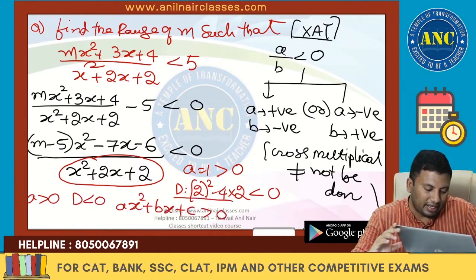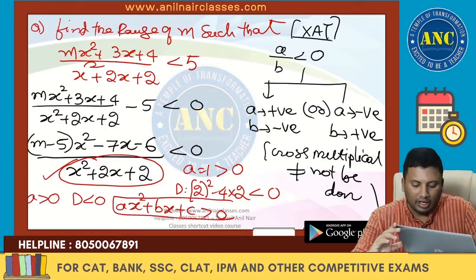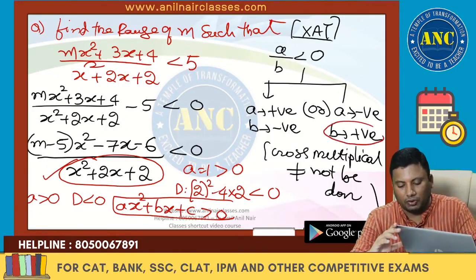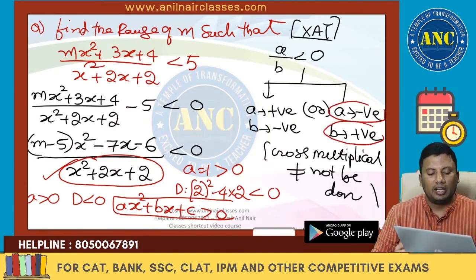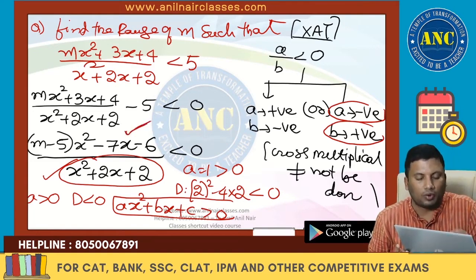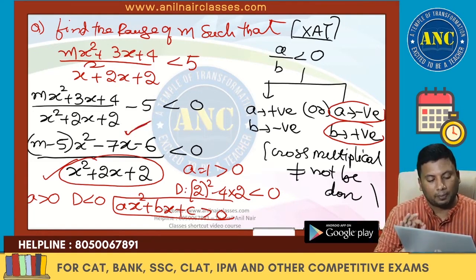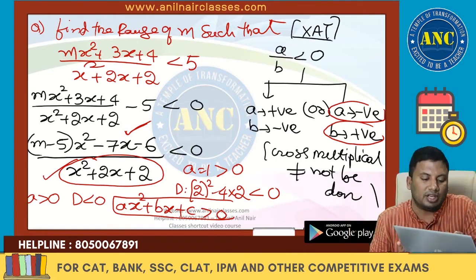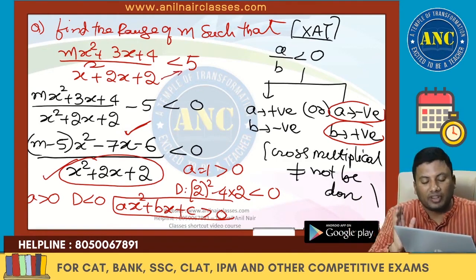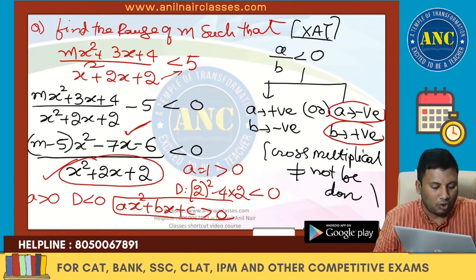The denominator is definitely positive. Denominator positive means what should the numerator be? Numerator should be negative. Directly don't conclude that the numerator is less than 0 by cross multiplying. That's a mathematical blunder. I hope it is clear.